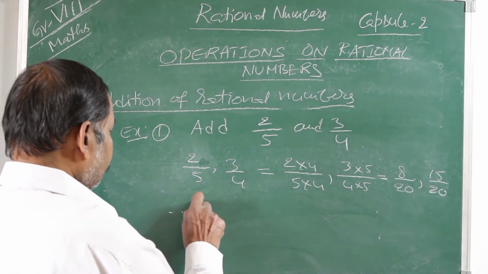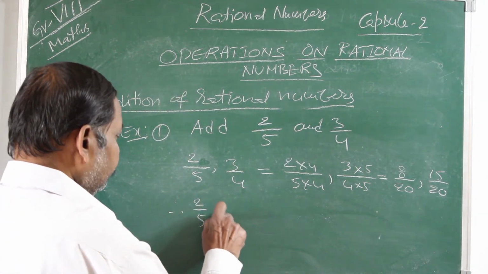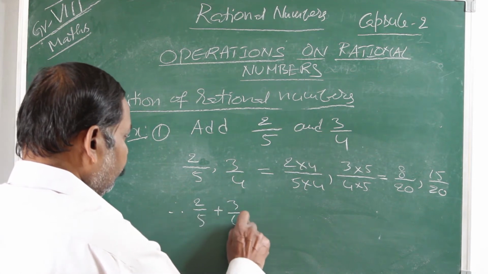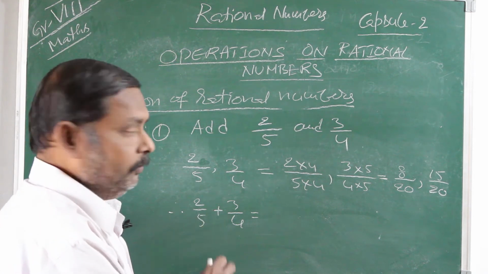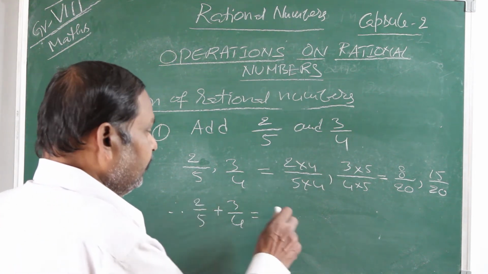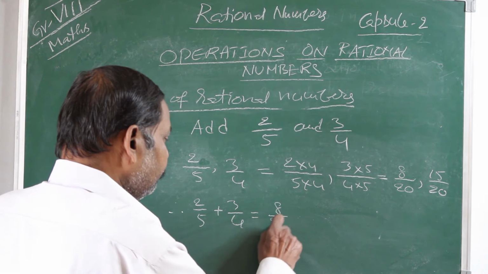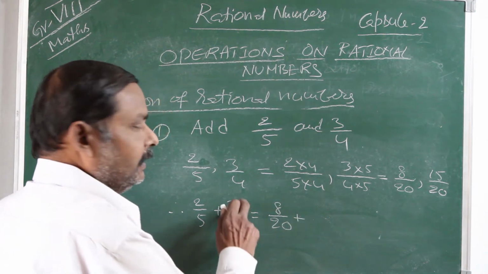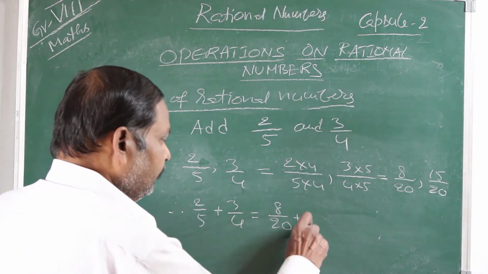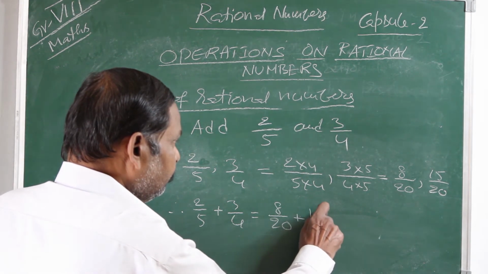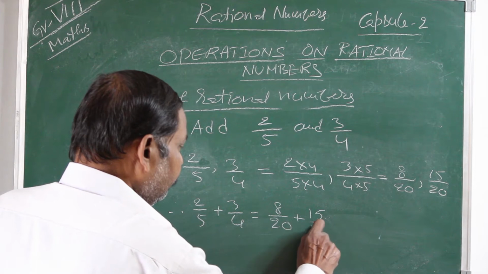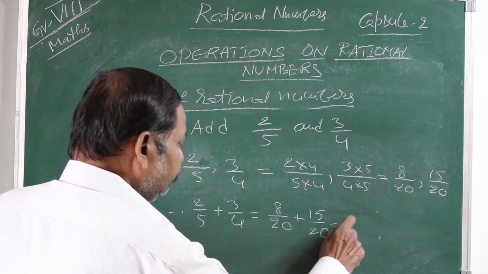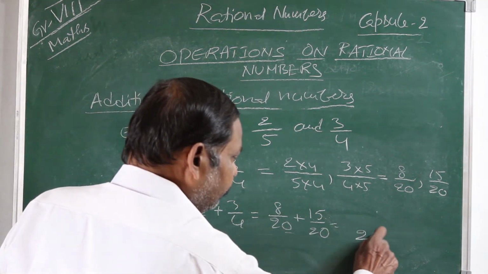Therefore 2 by 5 plus 3 by 4 is equal to 2 by 5 is nothing but 8 by 20 plus 3 by 4 is nothing but 15 by 20, the denominator 20 being the same.